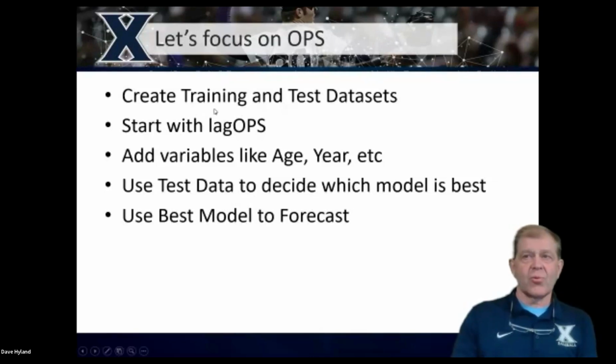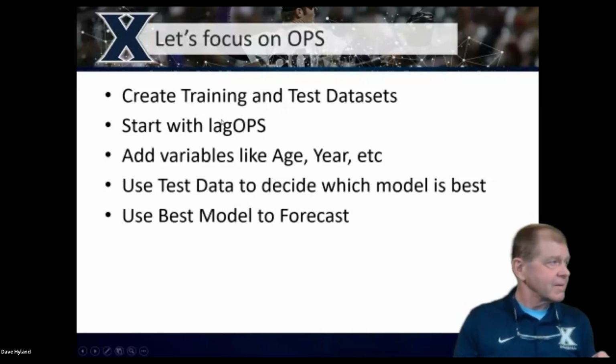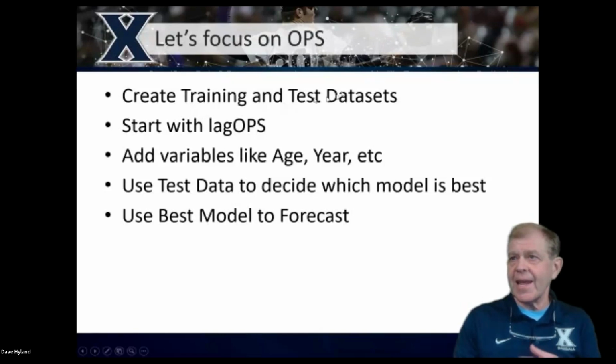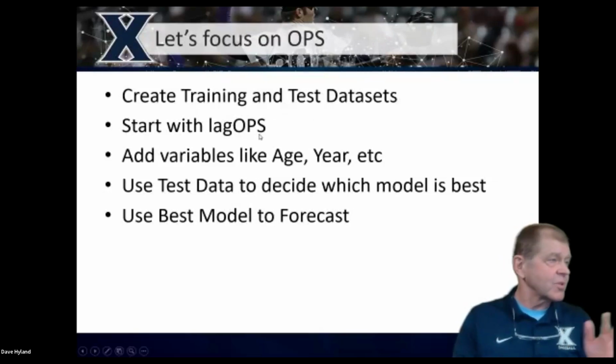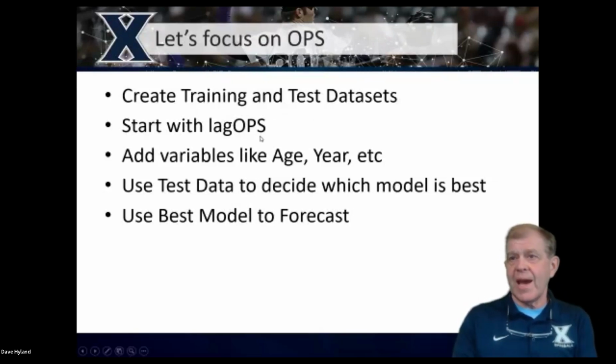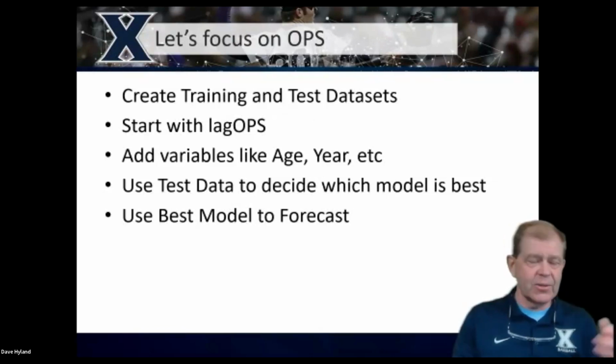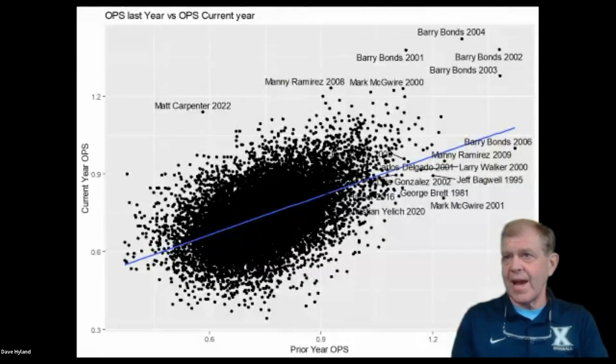To do that, we're going to create a training data set and a test data set. We're just going to start with a simple relationship like we did before with doubles. We're just going to look at lag OPS, but we're going to start to bring in other variables like age, the year, et cetera. And we're going to use our test data to decide which model is the best fit, and then we're going to use the best model for our forecast.